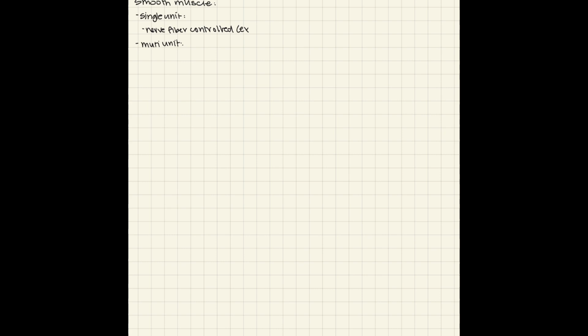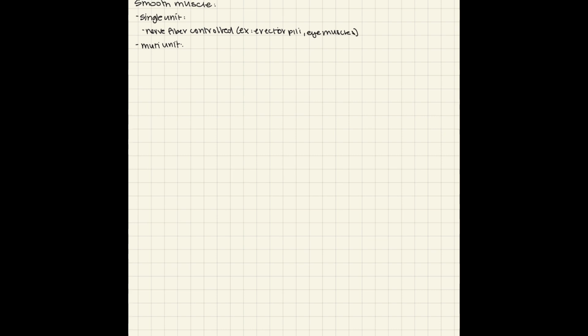Examples of this are the erector pili in your skin or your eye muscles. Multi-unit cells are connected by gap junctions, so if a signal is sent to one, it can travel down the units of the muscle cell.